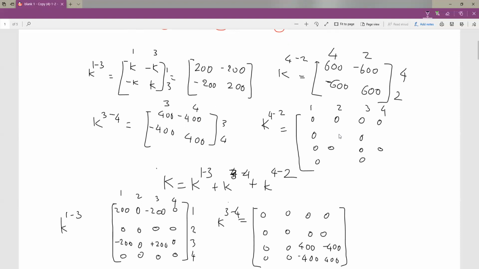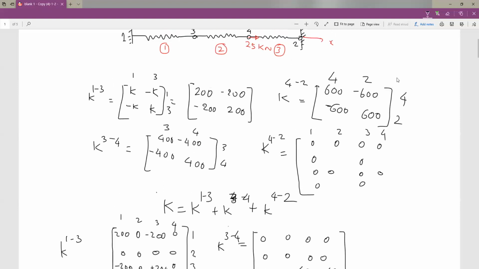It's fourth and second. So is it possible for us to write it if we interchange rows and columns? Then it is possible. If we write 2 and 4, you can interchange rows and columns to write this.